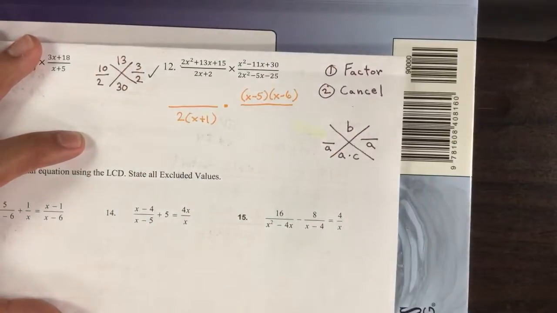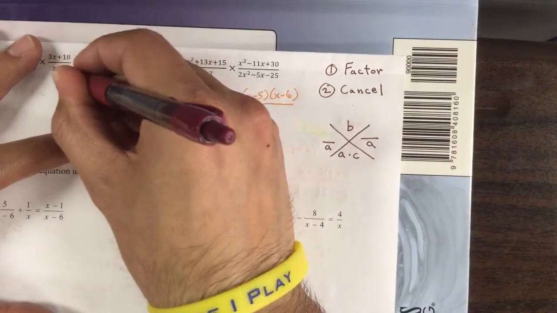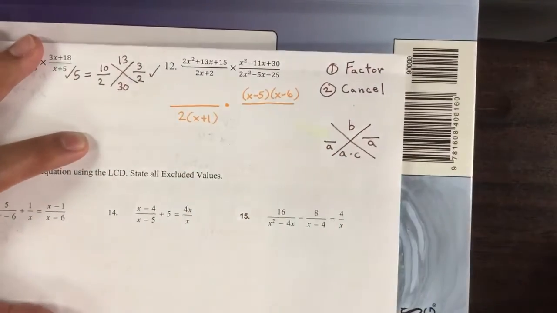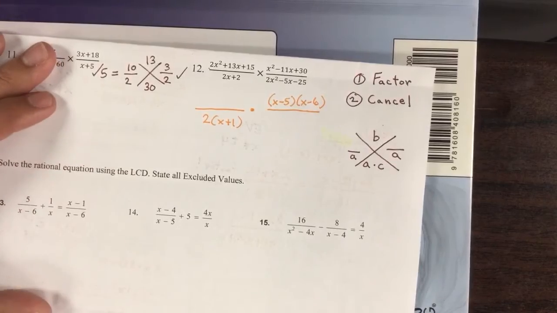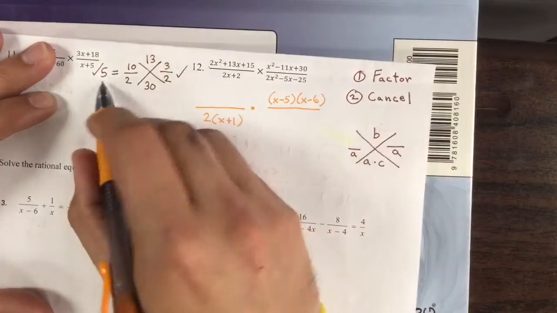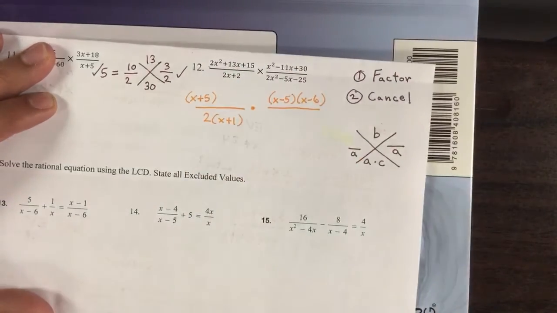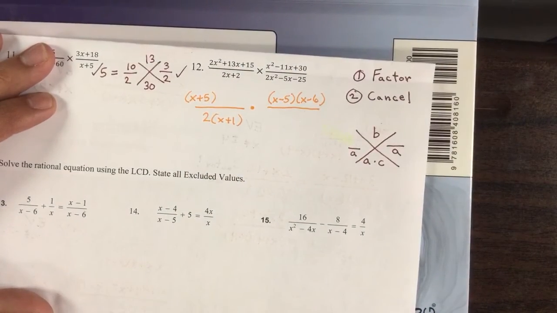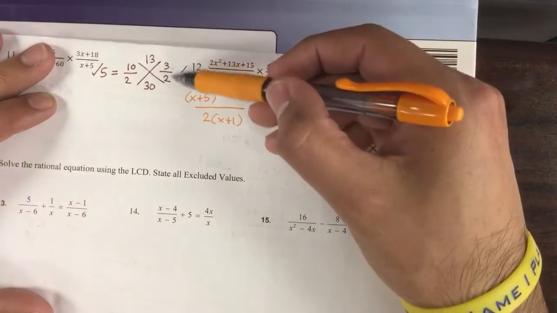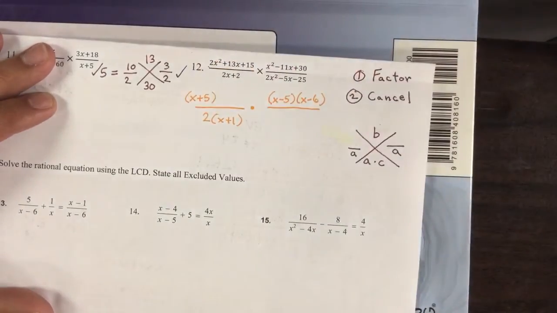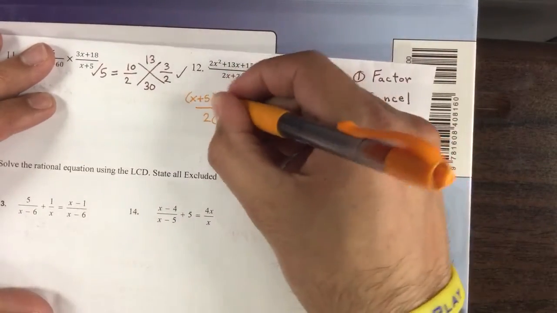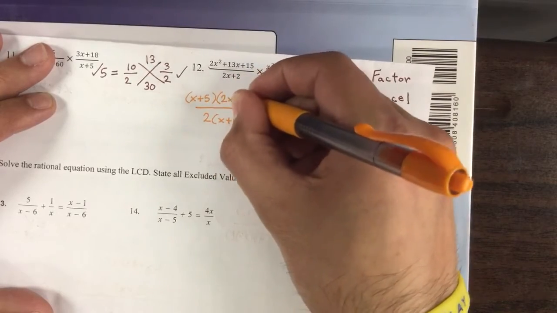This one's good to go. 10 over 2 gives us 5. So now that one's good. Okay? Our 5 becomes x plus 5. And now the great saying to remember is bottoms up. Don't mess it up. So this is 2x plus 3.